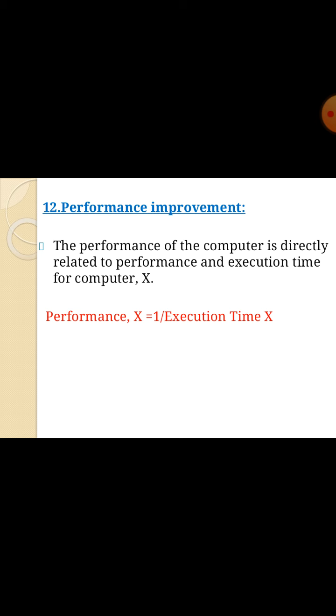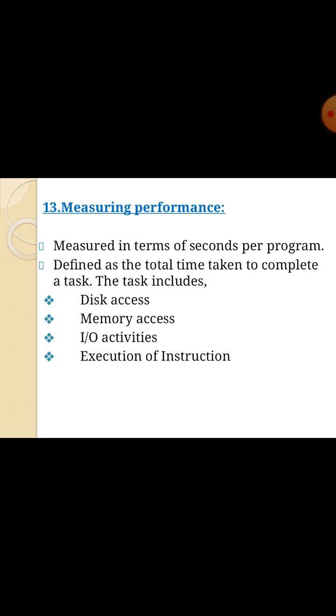Next one, performance improvement. The performance of a computer is directly related to execution time. For computer X, the formula is performance X equals 1 by execution time X. Next one, measuring performance.